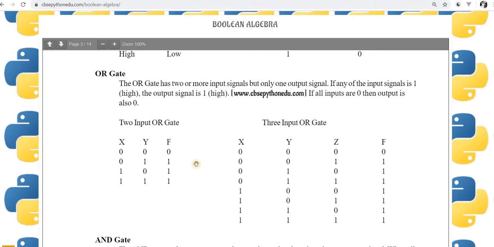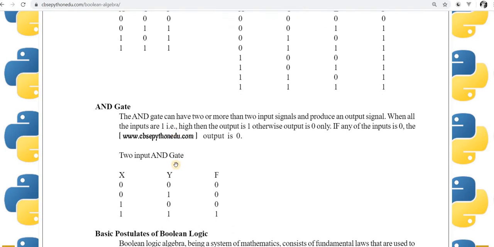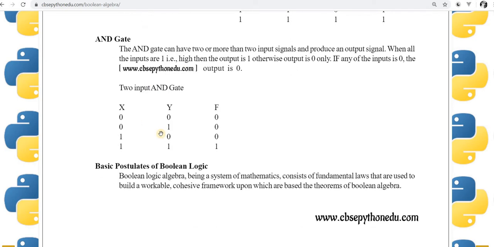Okay, now just see this truth table. It is just the same as the OR operator. And the final one is AND gate, and it is logical multiplication denoted by the dot. So there is a truth table of AND gate.